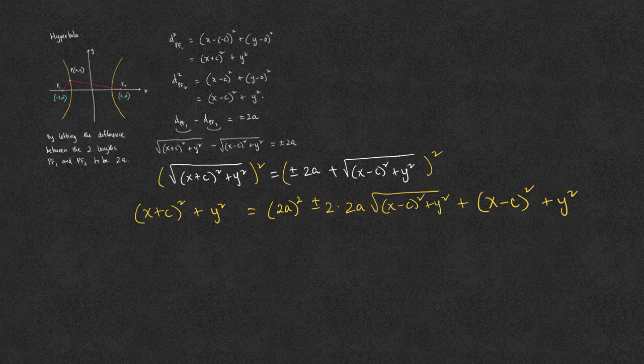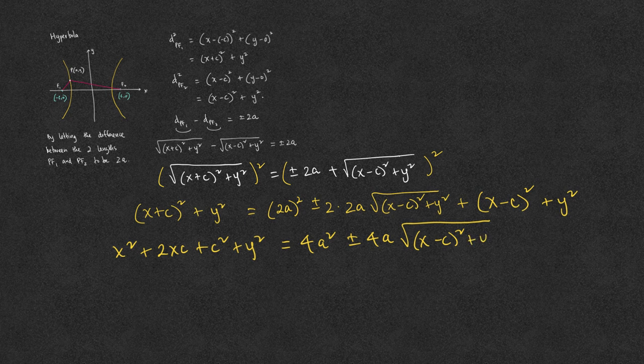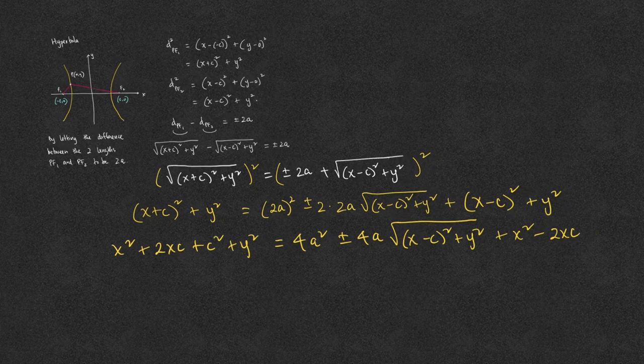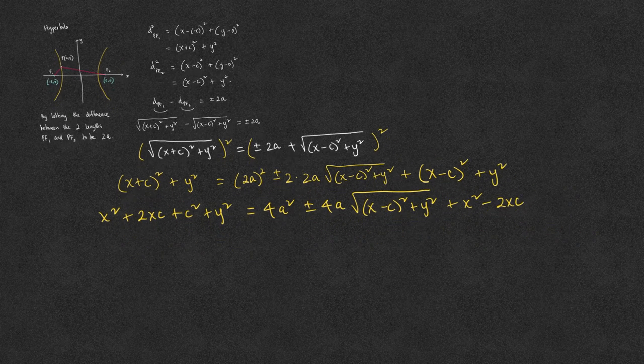We then distribute: x squared plus 2xc plus c squared plus y squared equals 4a squared, still plus or minus 4a, the square root of x minus c squared plus y squared, plus x squared minus 2xc plus c squared plus y squared.